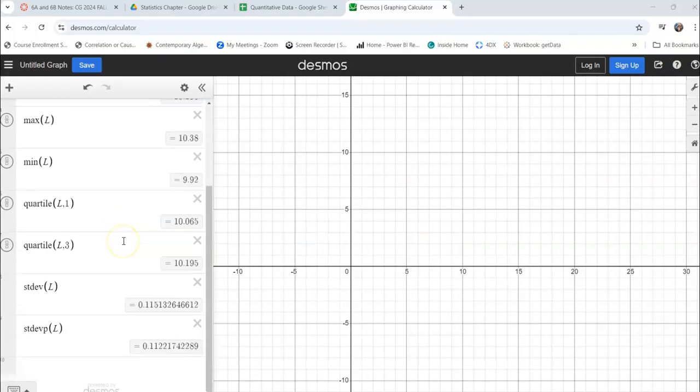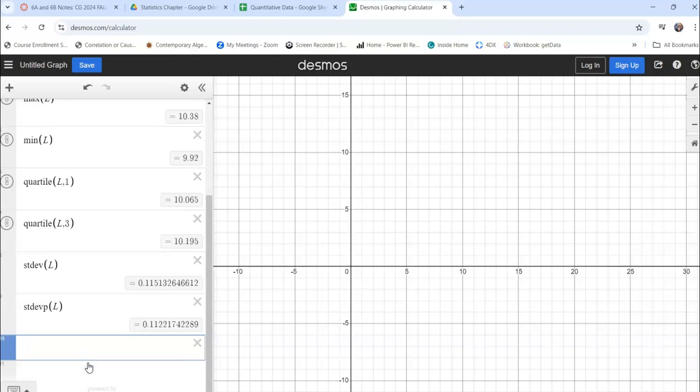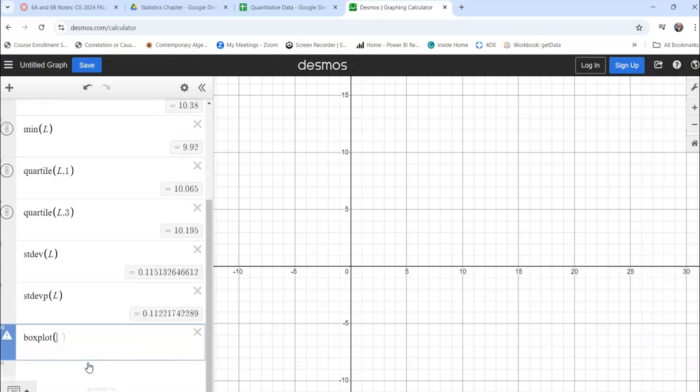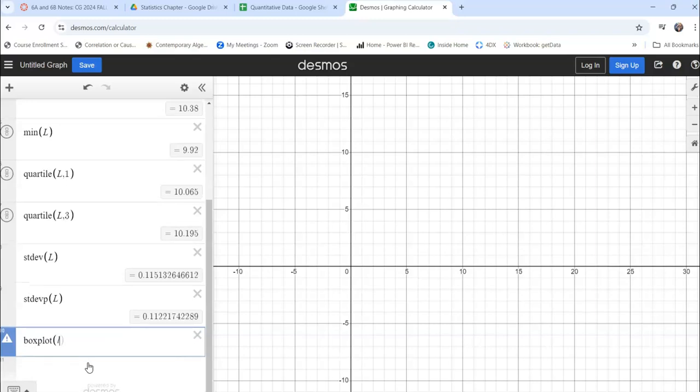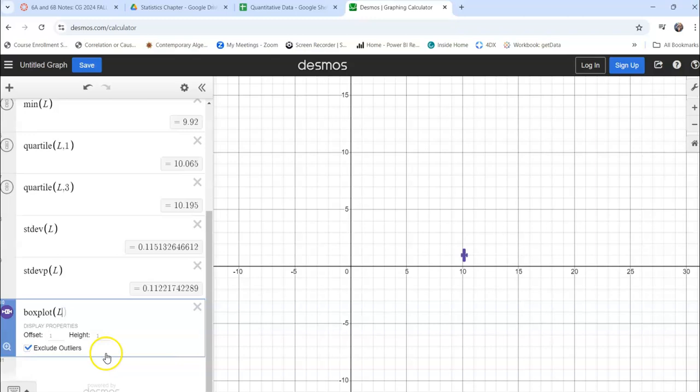Now, another nice thing about using Desmos here, we can just type in box plot and then put L1, sorry, just L. And now it displayed this little box plot over here. But we have the little zoom fit button.